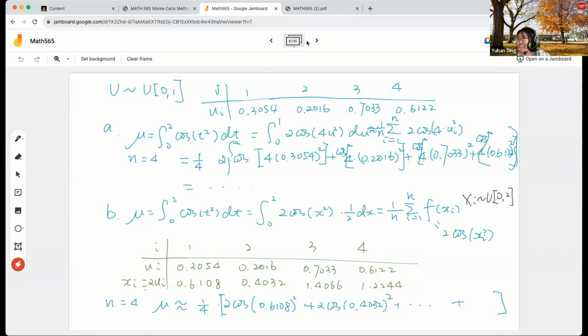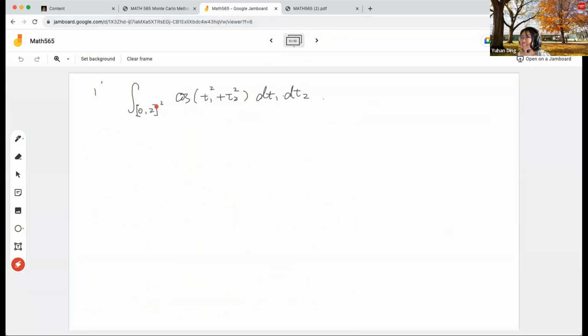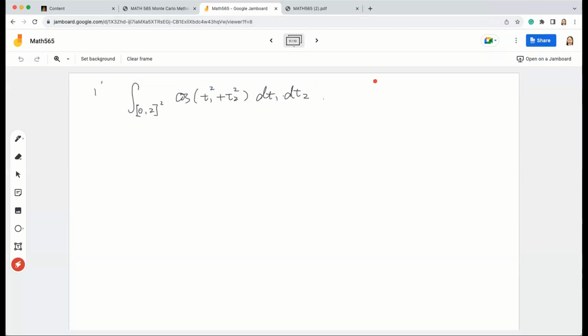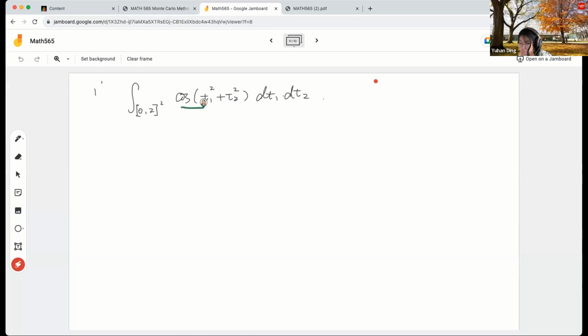Any thoughts for this one? I would say integrate one piece and then integrate the other. You cannot split this into two parts, right? Because it's inside the cosine function.